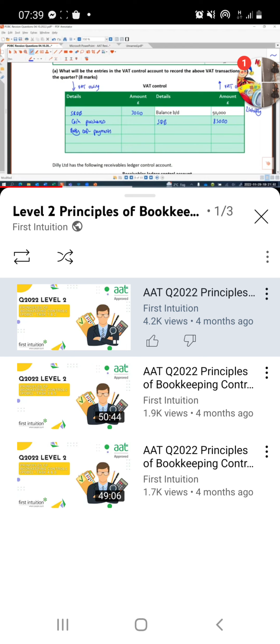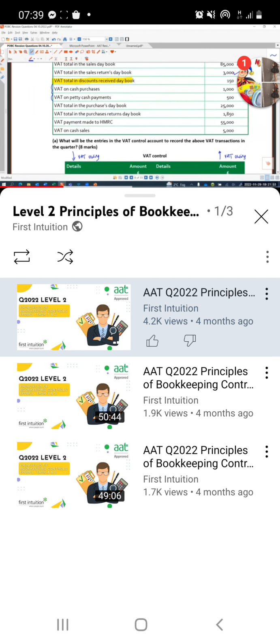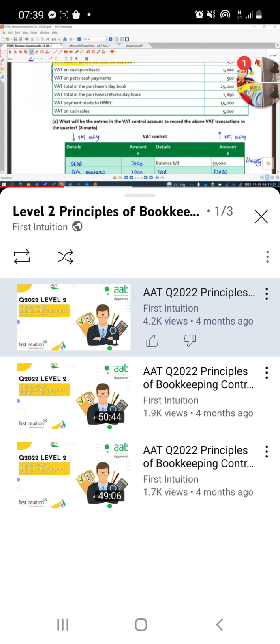So the cash purchases were 1,000 and the petty cash was 500. So get both of those onto the debit side. I've paid that VAT already when I made the actual payment. So now I'm able to reclaim it in effect.